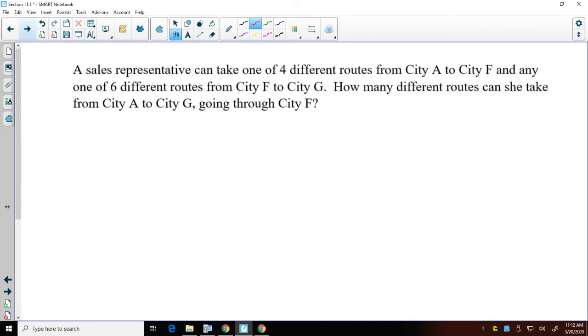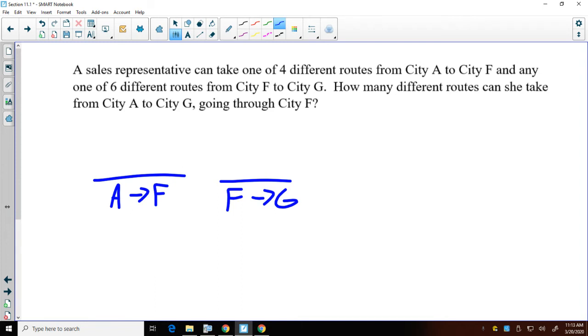All right, question 4. A sales representative can take one of 4 different routes from city A to city F, and any one of 6 different routes from city F to city G. How many different routes can she take from city A to city G going through city F? So she wants to get from A to F and then from F to G. There's your 2 groups.